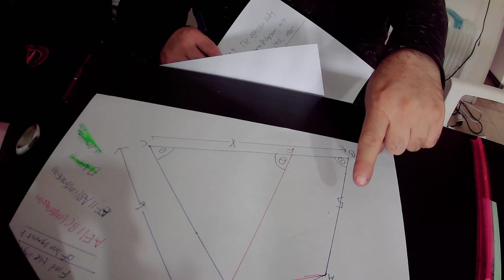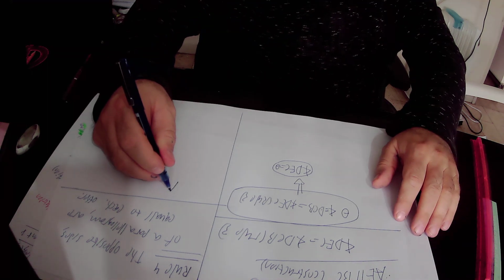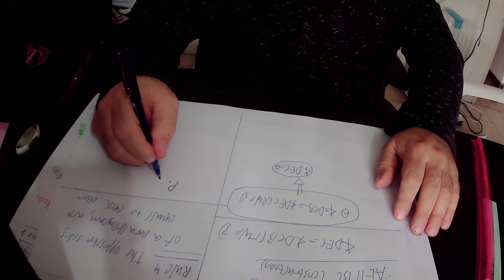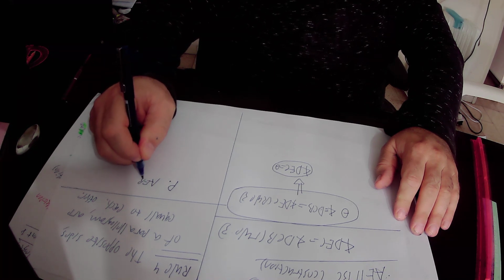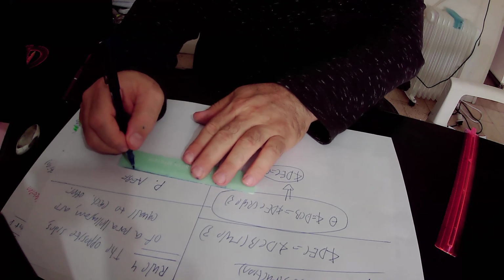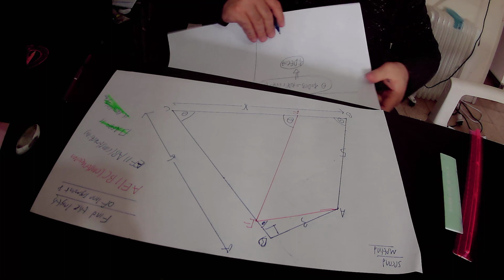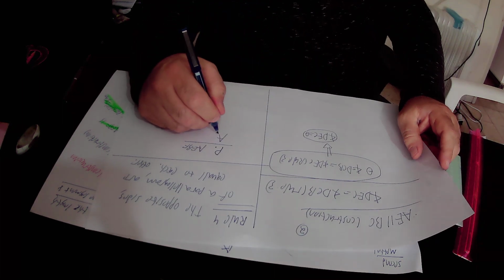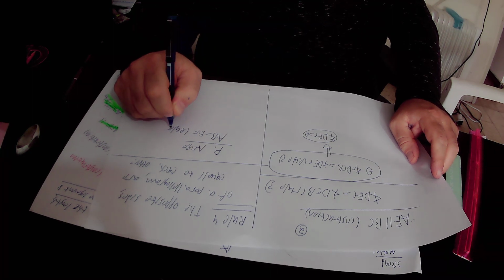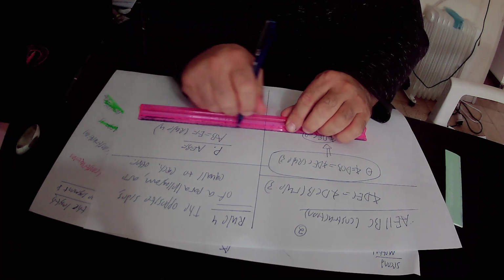According to rule number 4, we get that AB equals EF, since the opposite sides of a parallelogram are equal to each other.